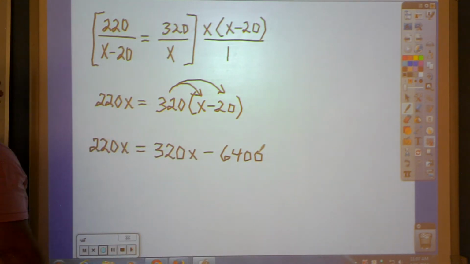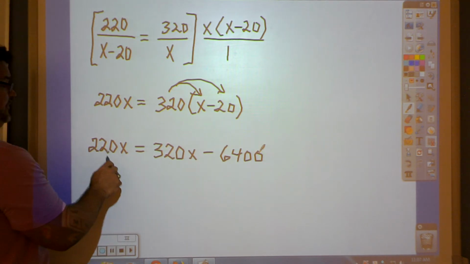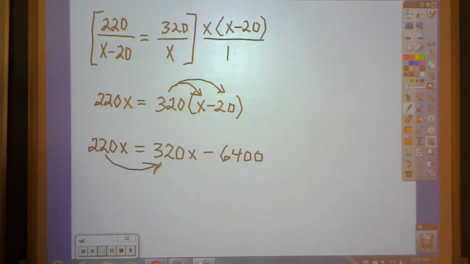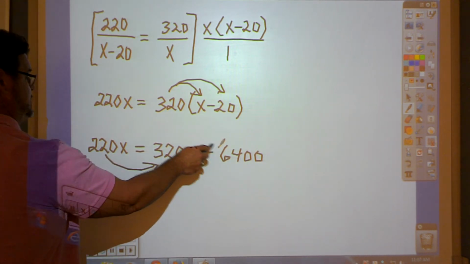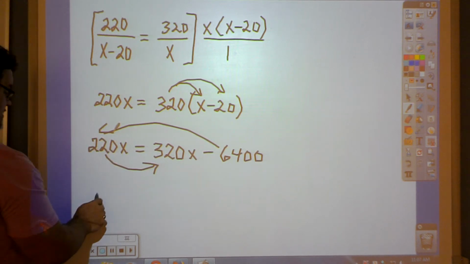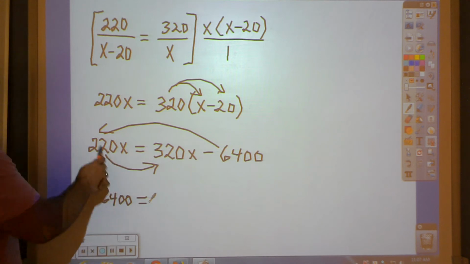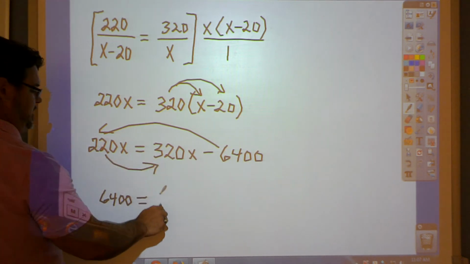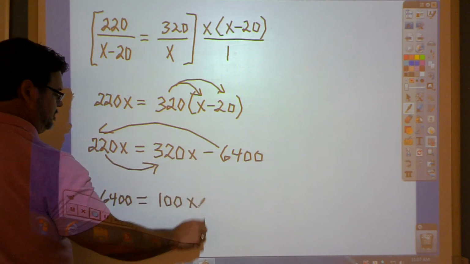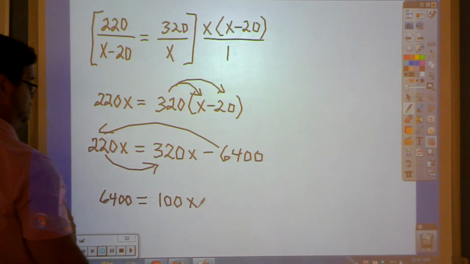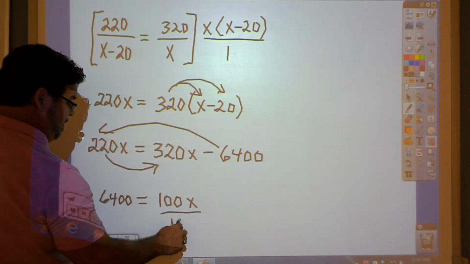And I like to keep my variable positive, so I'm going to bring the 220 over and the 6,400 over. So that's going to be 6,400 is equal to 320 minus 220, which is what? 100x? Y'all check me. Divide by 100.